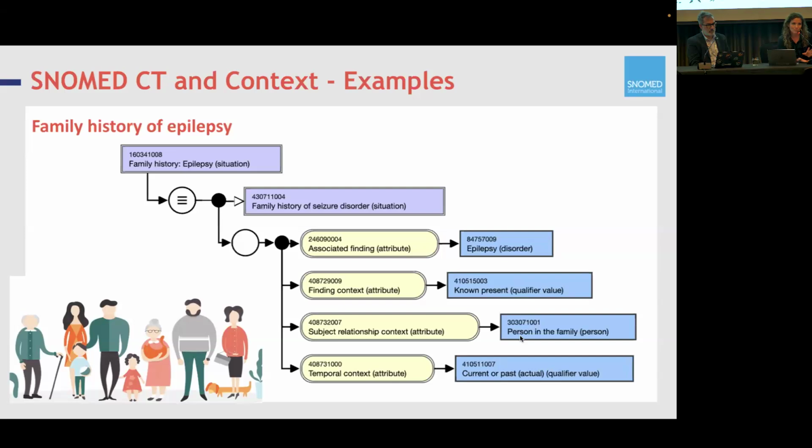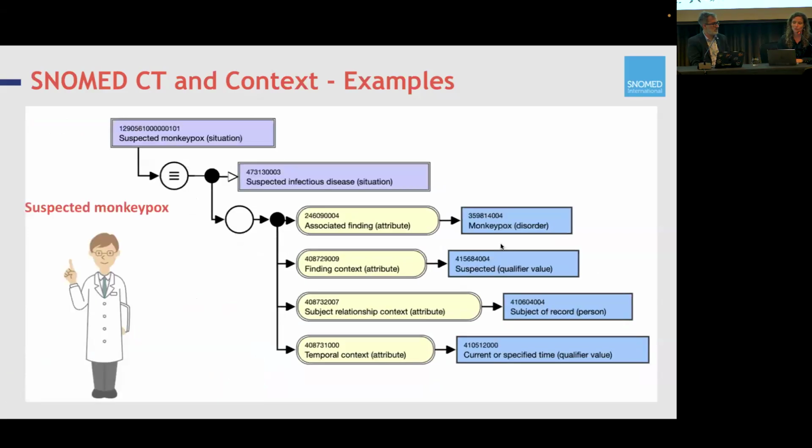But it may just as well be that you have an information model where you just record epilepsy and you could do it in a family history section of a model, and that would be just as well. But understanding that the context is the family history will allow you to derive the situation as well, and that will also support the interoperability between the two.